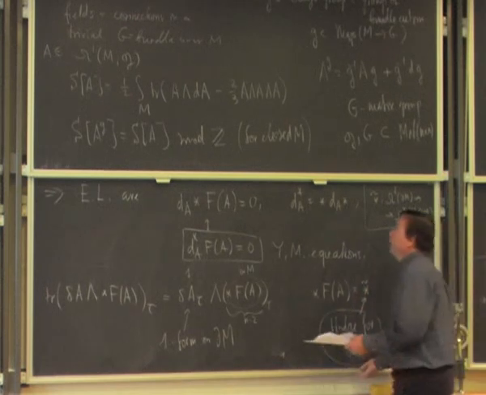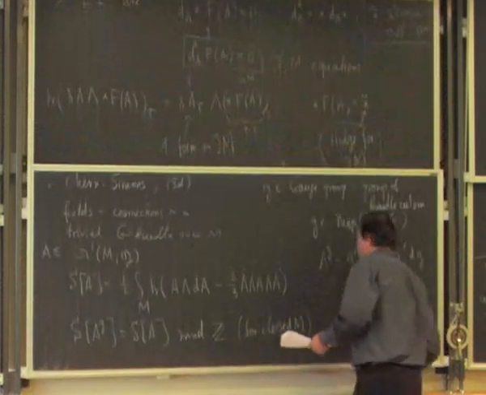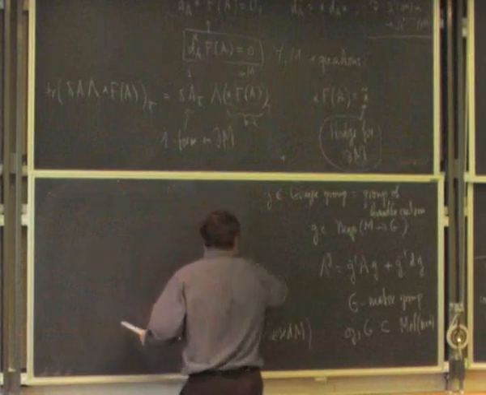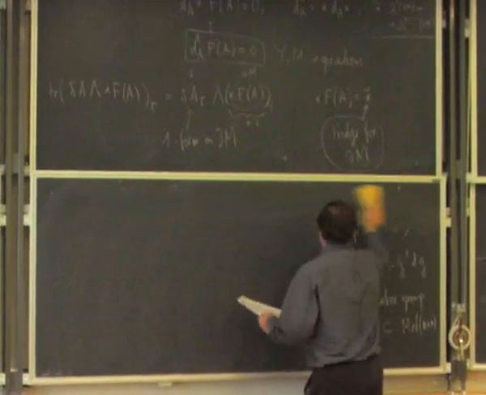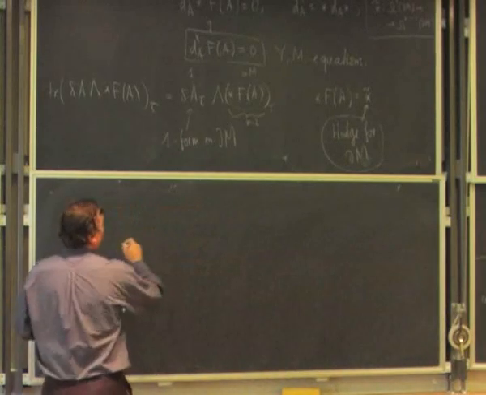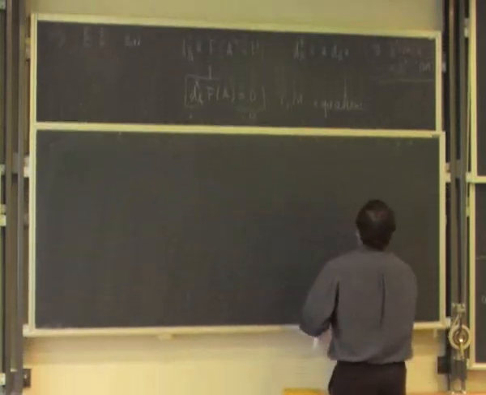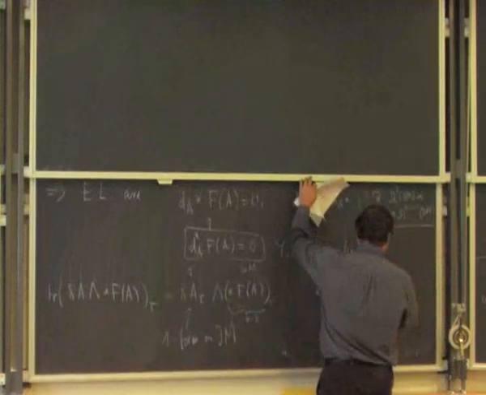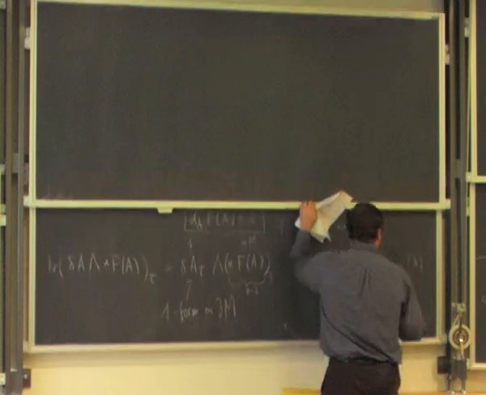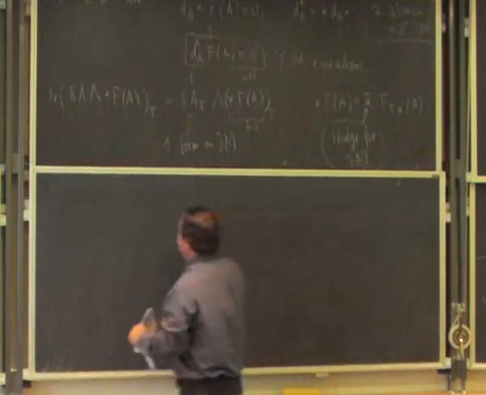And so F tau n A. And now what is F tau n?